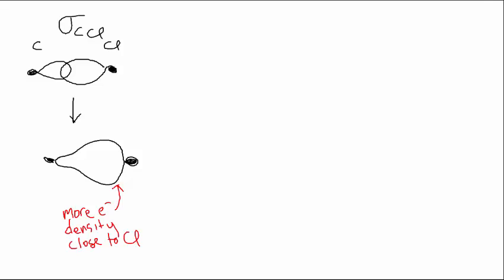And our picture of the bonding orbital, as inaccurate as this may be, if I were to simulate this with a program that actually does the quantum mechanical approximations, it might not look exactly like that. But the idea is the electrons get pulled closer to chlorine than they do to carbon.